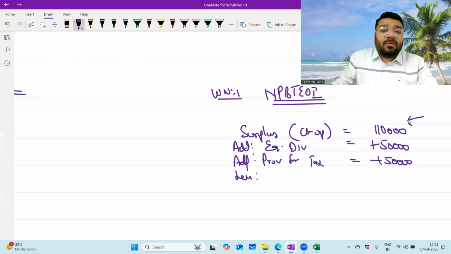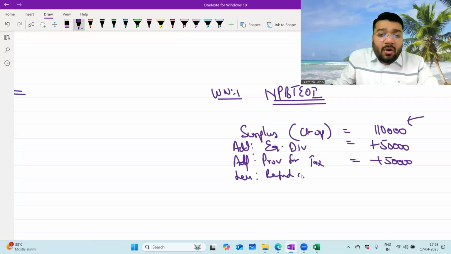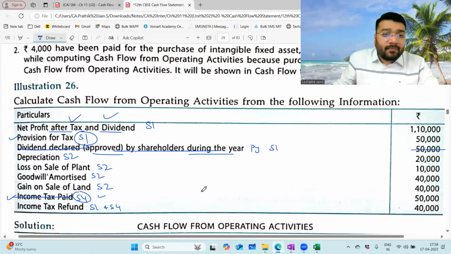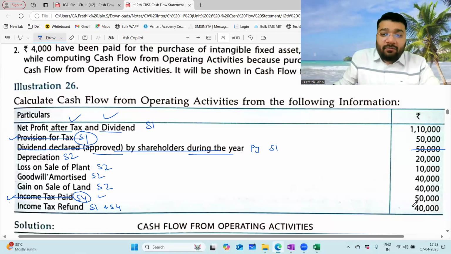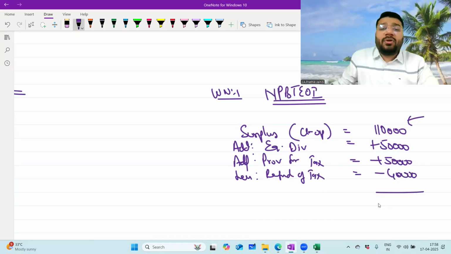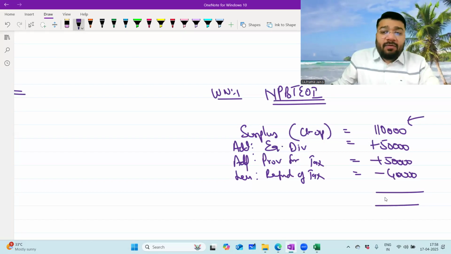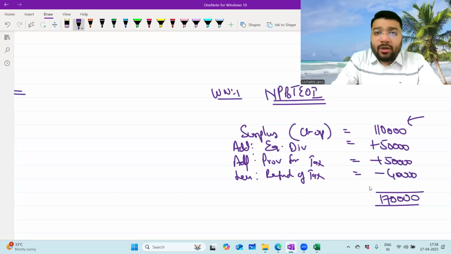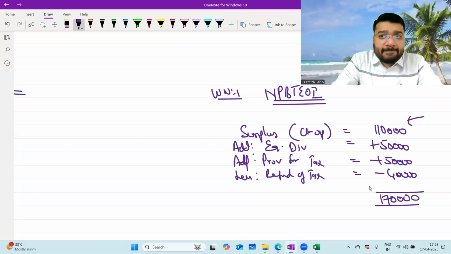To reverse, we have to minus. So refund of tax, how much? 40,000. Minus 40,000. Any extraordinary items? No. So please tell me, what is my net profit before tax and extraordinary items? 1,70,000. Online people, are you all with me? Yes, sir.